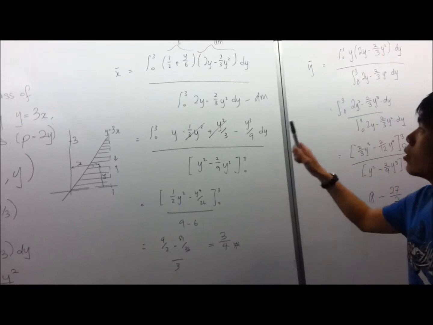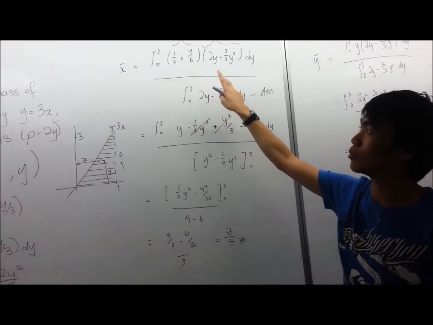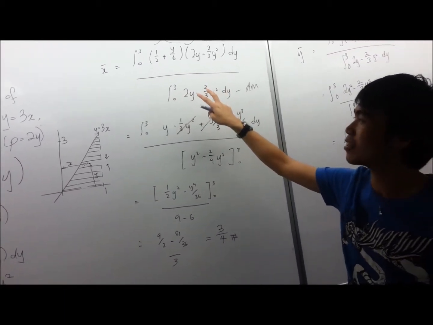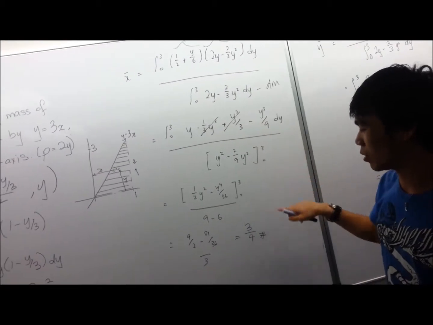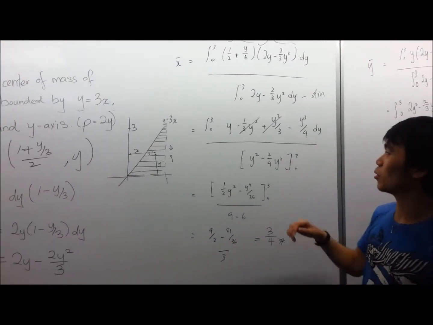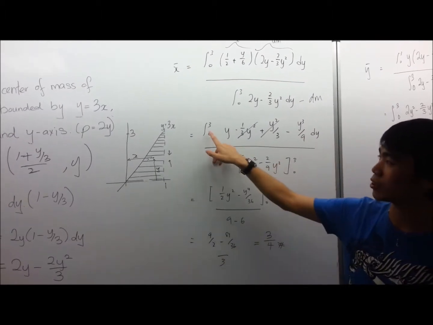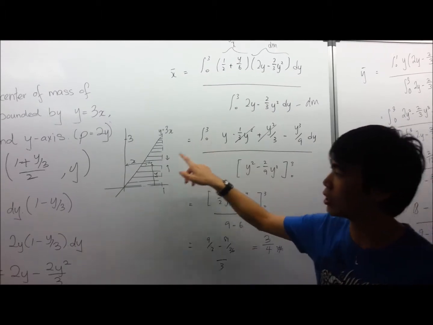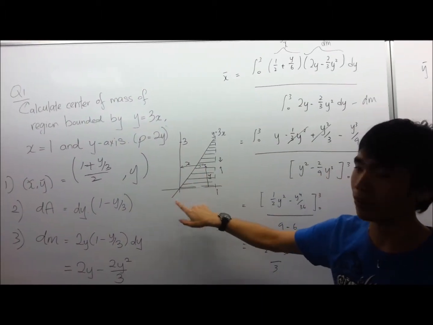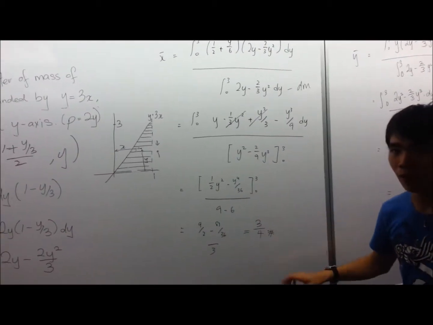In this case, we have to do cross multiplying, and then we end up with 3 over 4 as the x bar. It isn't as simple as it seems. Always remember, we are integrating with respect to dy, so the limits must always be in terms of y, which are 3 and 0. So that is it for x bar, 3 over 4.